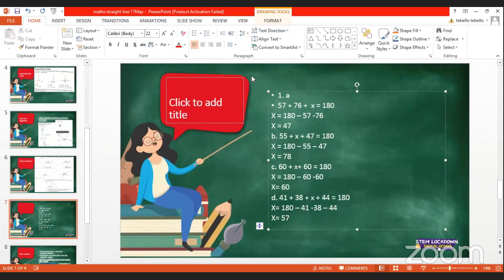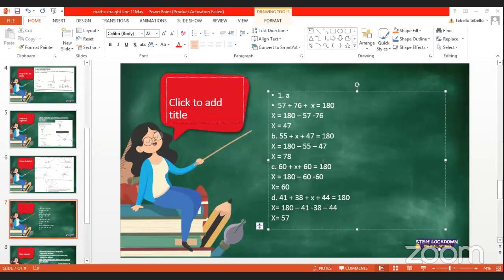So our answer for number D is 57 degrees. Yes, guys, correct. It's 57 degrees for number D.